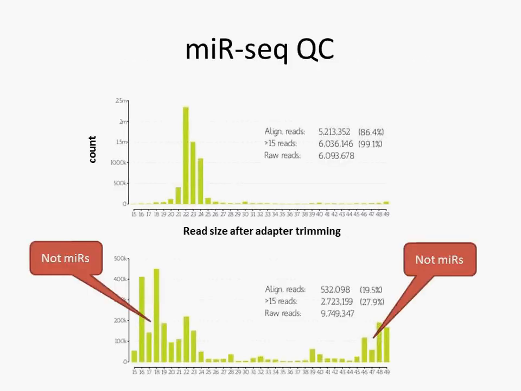The quality control that we use for microRNA is based on the read size after adapter trimming, which will reveal, because we are sequencing the full-size microRNA, the proportion of reads that are around the size of a microRNA, which is most abundantly at around 22 bases here.